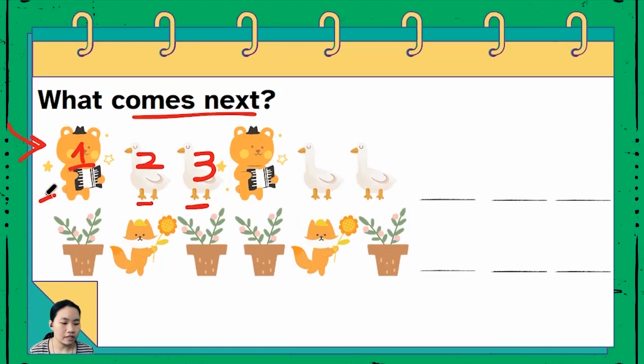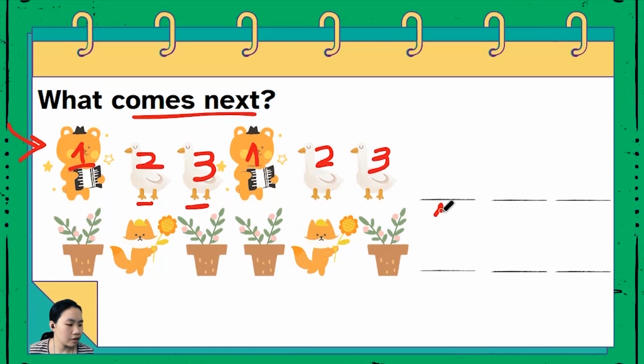How do you know if this duck is part of the pattern unit? It's because the bear is number 1, right? If this duck is number 2 and it ends there, the bear should be repeated. It should be number 1 over here, but no. It is the duck once again, therefore it is number 3. 1, 2, 3.